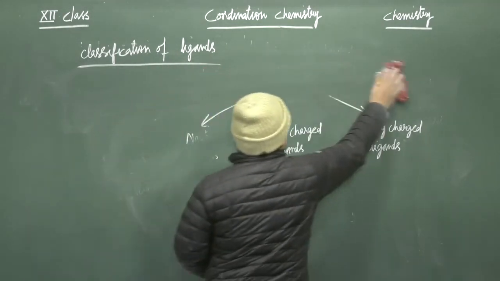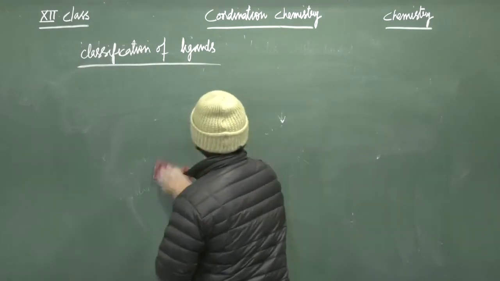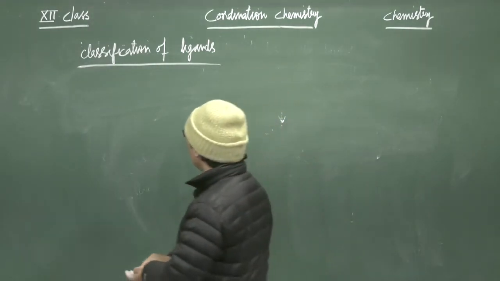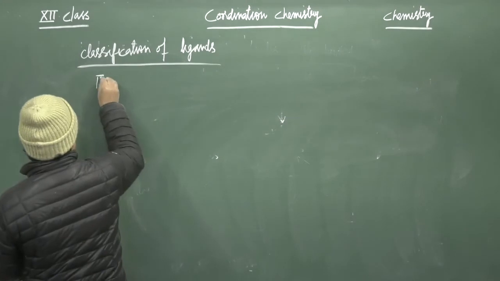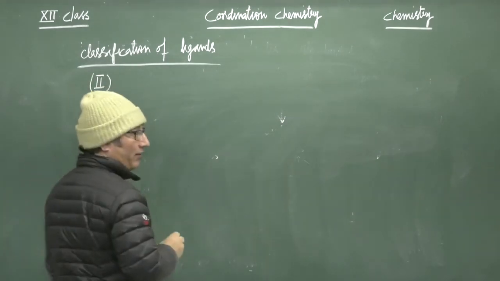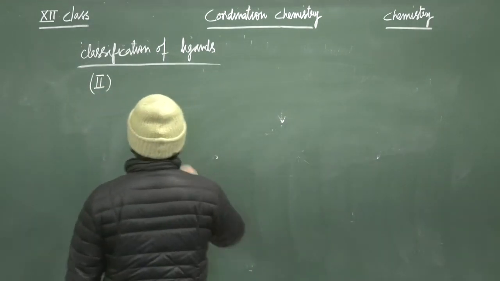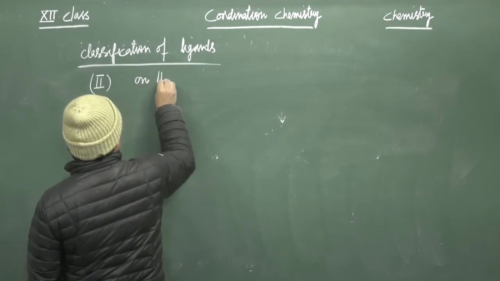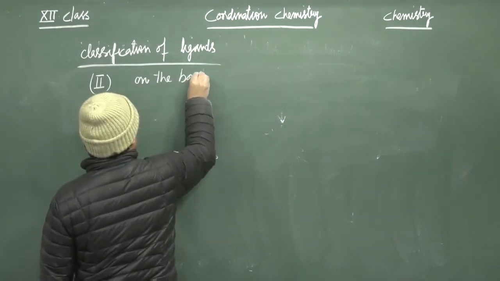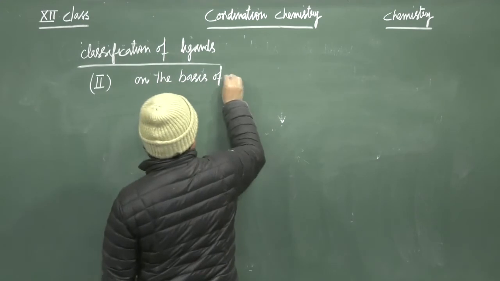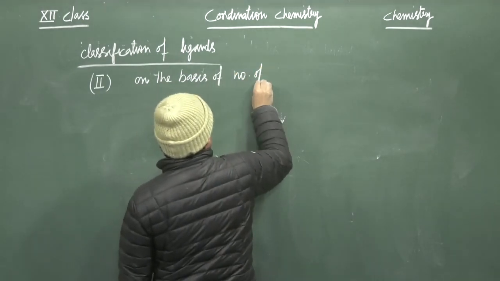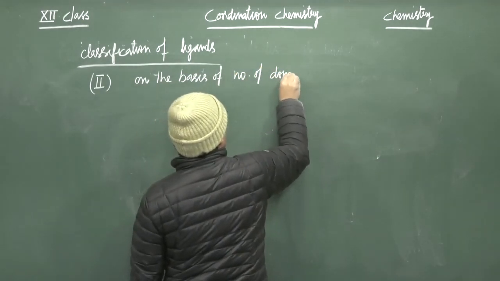The second classification of ligands, which is the primary or the main classification of ligands, is on the basis of the number of donor atoms.